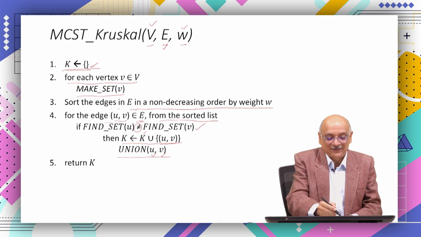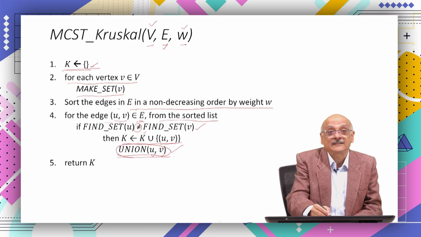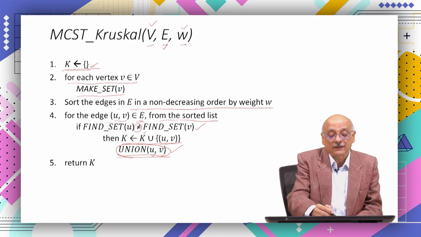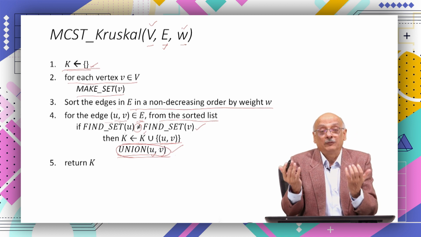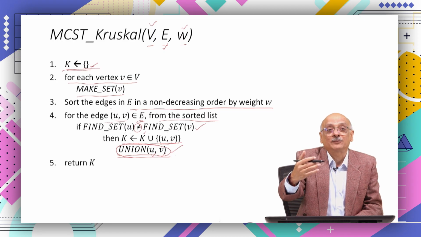This is a very important step, and I think you will understand it better when we do the example. It combines the 2 sets of vertices, whose edge has now been put into the set of edges which forms the minimum cost spanning tree.